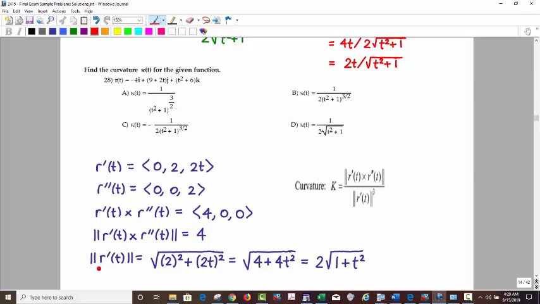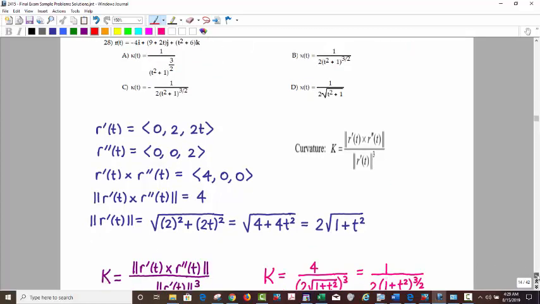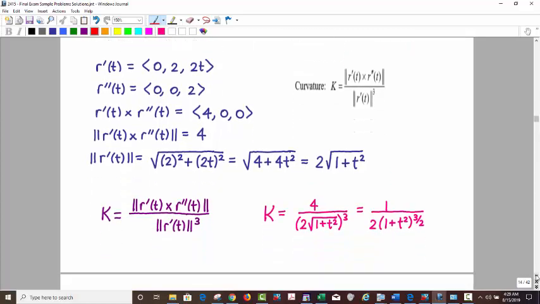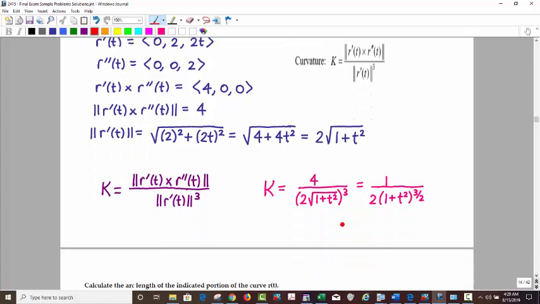Now we need the magnitude of r prime of t. It'll end up being the square root of 4 plus 4t squared, which will be 2 times the square root of 1 plus t squared. Now notice there's a cube on the bottom of that, so we have to cube this. When you cube the 2, that's going to be an 8.